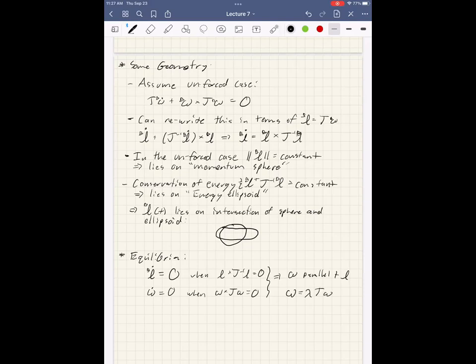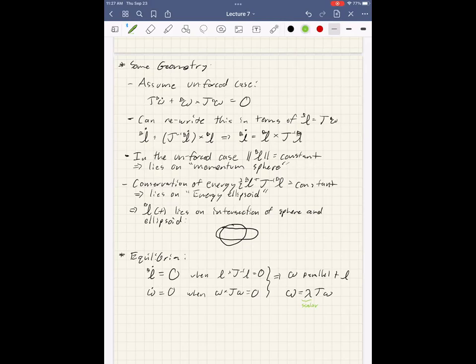That means parallel, where lambda is some constant, some scalar. So now with that hint, when does this happen? It's a huge hint.